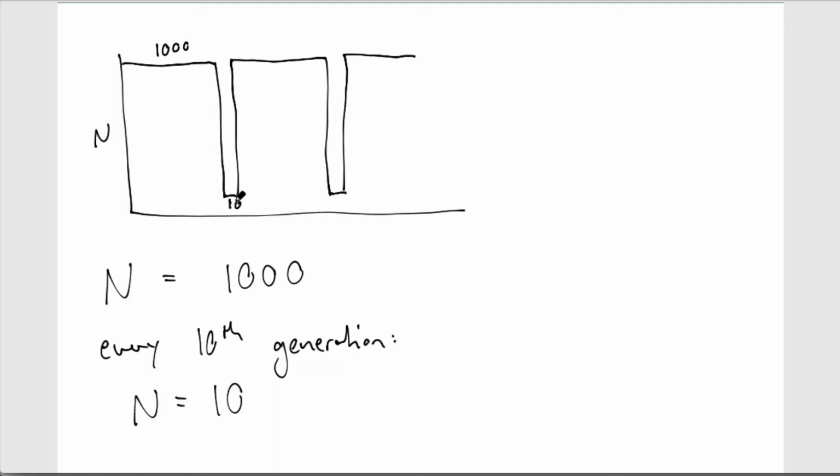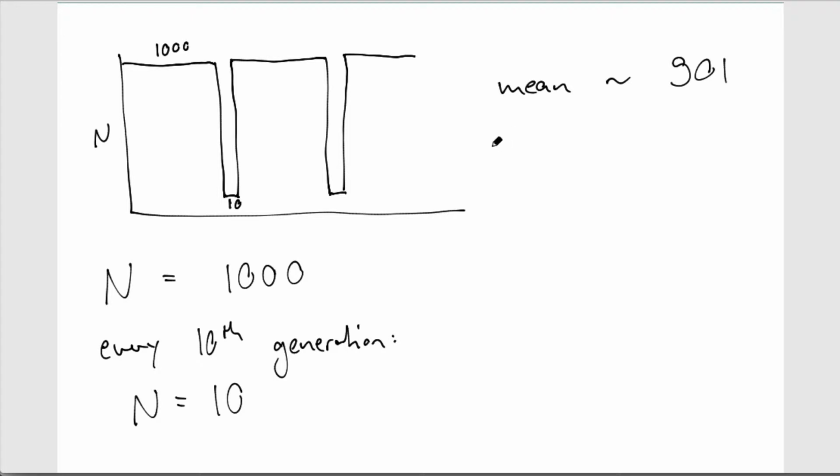The average population size, the arithmetic mean, would be approximately 901. I say approximately because it depends where you have the exact cutoffs, but you get the idea. You have 9 generations of 1,000 individuals, so that's 9,000 added up, and then 1 with 10 individuals, so that's 9,010 divided by 10, that's 901.